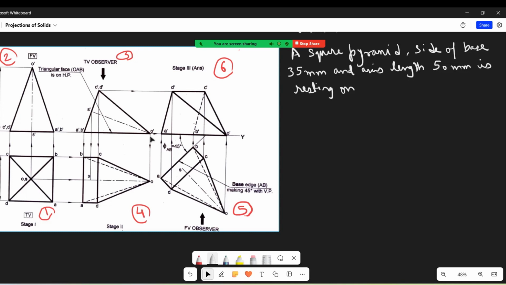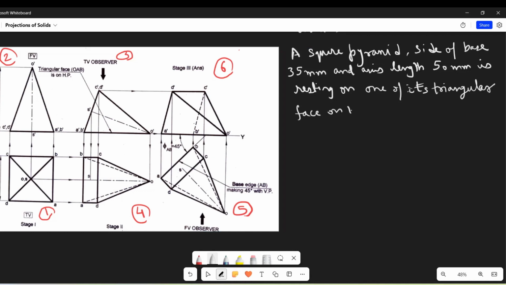A dash, B dash, and O dash. So as 1 point forms a corner of base, 2 points form edge of base, 3 points touching the XY line would form the triangular face. So it is resting on one of its triangular face on HP.